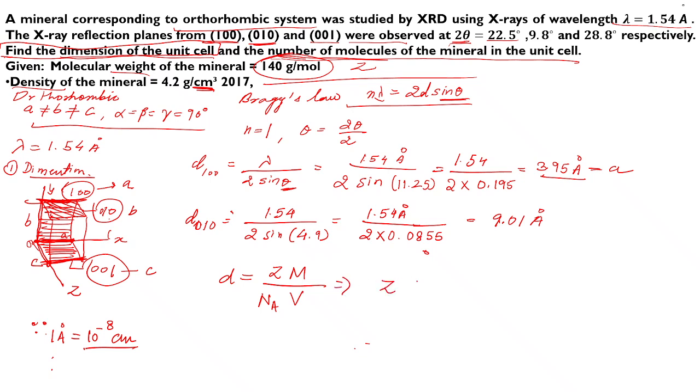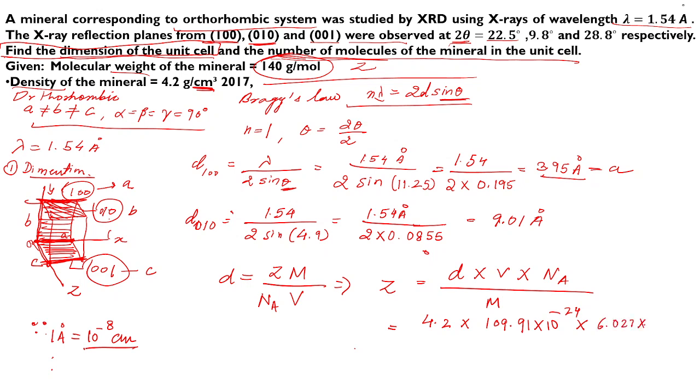So Z is going to be density multiply by volume multiply by Avogadro number divided by M. Density they have already given as 4.2 gram per centimeter cube, multiply by volume we have calculated, 109.91 into 10 to the power minus 24, multiply by 6.023 into 10 to the power 23, and mass, molecular weight, is also given over here, 140.